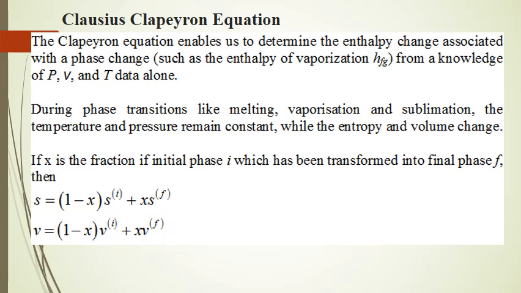If x is the fraction, if initial phase i has been transformed into final phase f, then the entropy and the specific volume equation can be written in this way. s is equal to (1 minus x) into s^i, where s^i denotes the entropy at the initial phase, plus x into s^f.